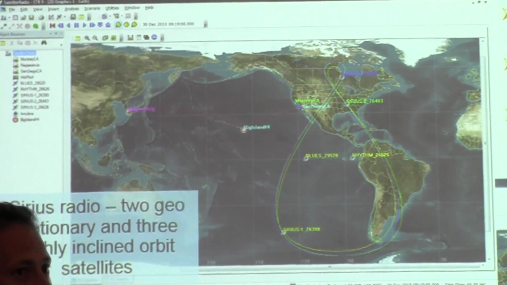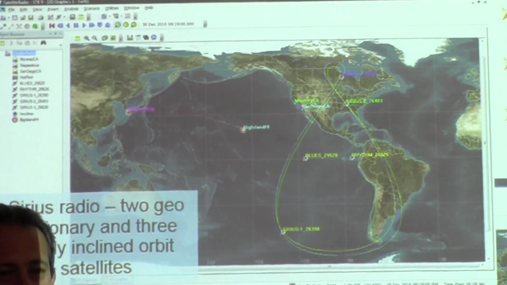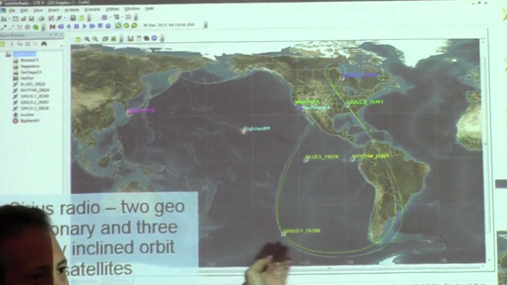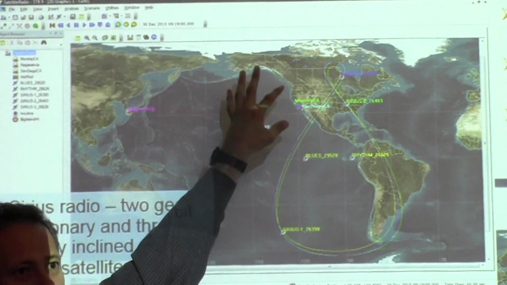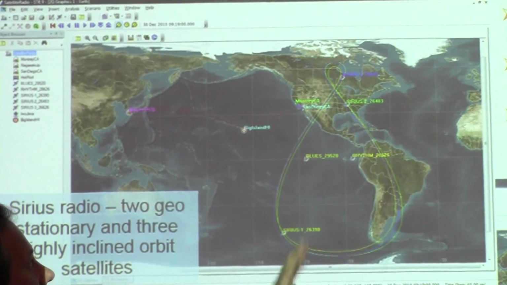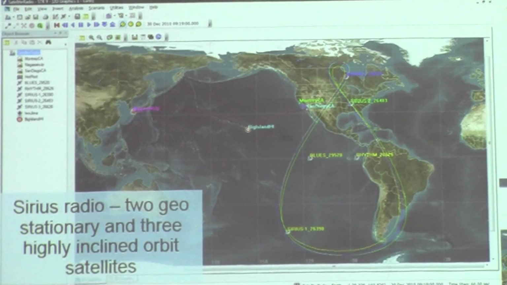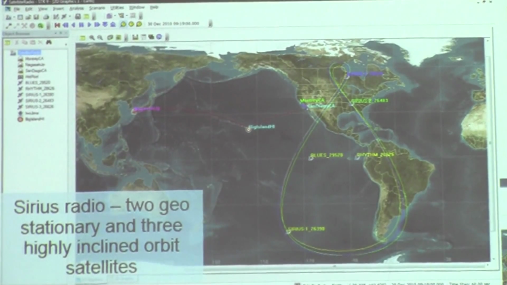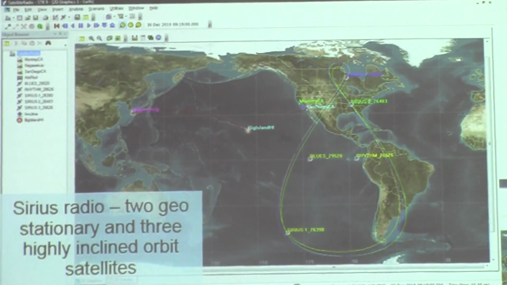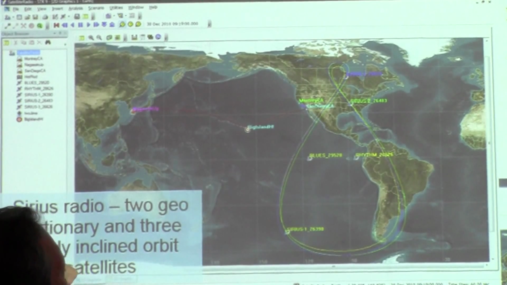I think there are 3 satellites that are deployed there, and when one is in the south hemisphere, the other 2 are servicing the area. So you always have 3 satellites, right? There used to be two services, Sirius and XM, and one of them has 3 satellites and one of them has 2.